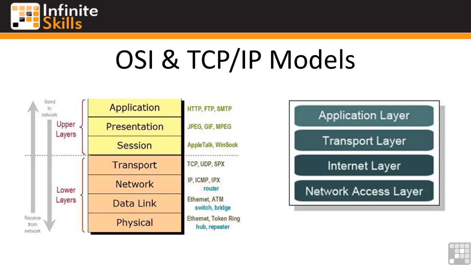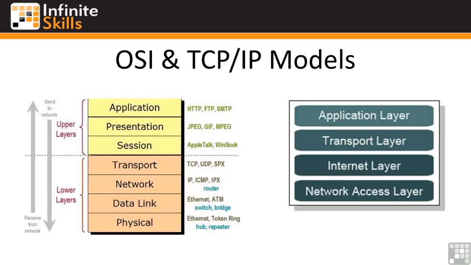Now, in the TCP/IP model, we have the network access layer on the bottom of the stack, and these are called stacks, and you'll often hear people talk about protocol stacks. The reason is because the different layers stack on top of each other. So at the very bottom of the TCP/IP model, which is on the right-hand side here, we've got the network access layer.